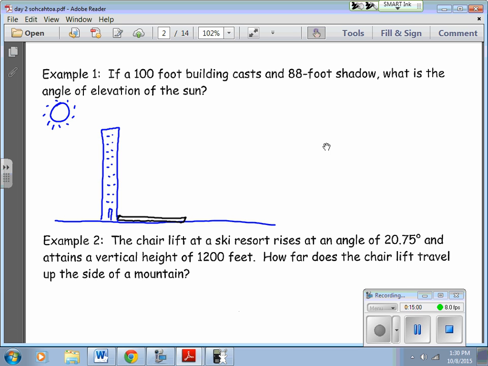There's my shadow. Now, it also tells us some numbers, so it's important to put those numbers in places that you do know. Take a look at what I've done.